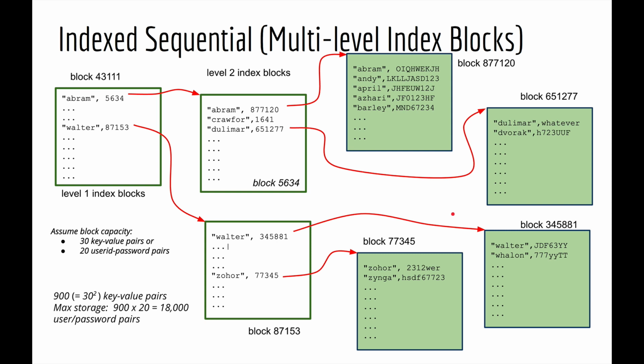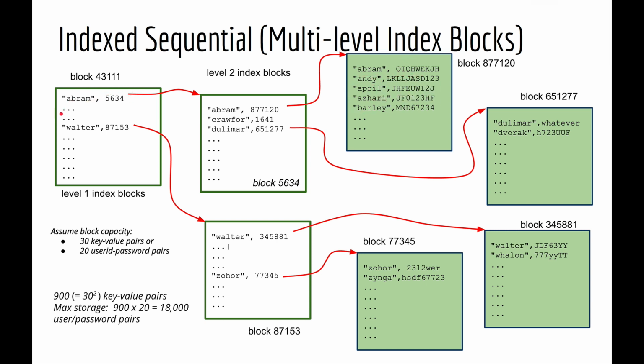In that case, we have to use a multi-level indexing scheme, which is similar to the multi-level paging technique in memory management. Each entry in the top level index points to the lower level index block, and each entry in the lower level index block points to the actual data block where you can find the user ID and password pair.